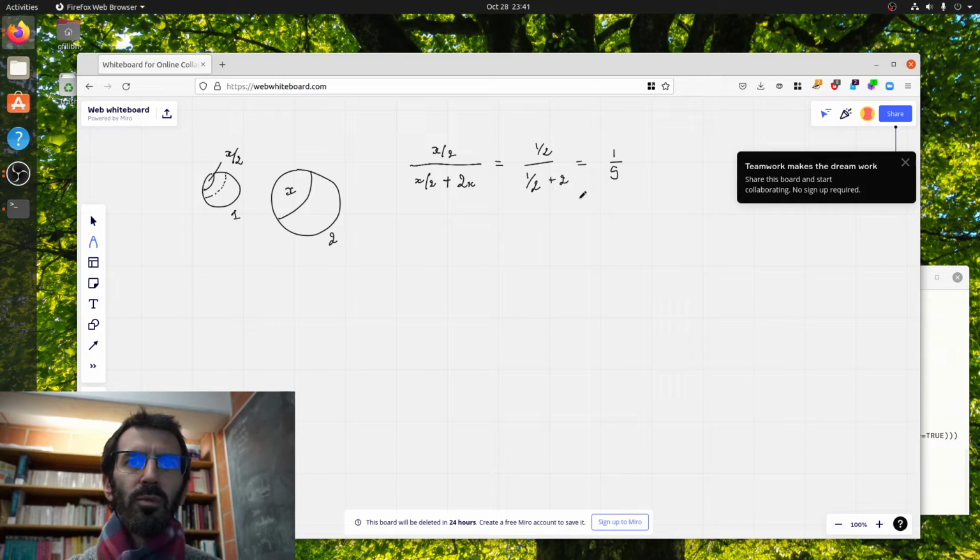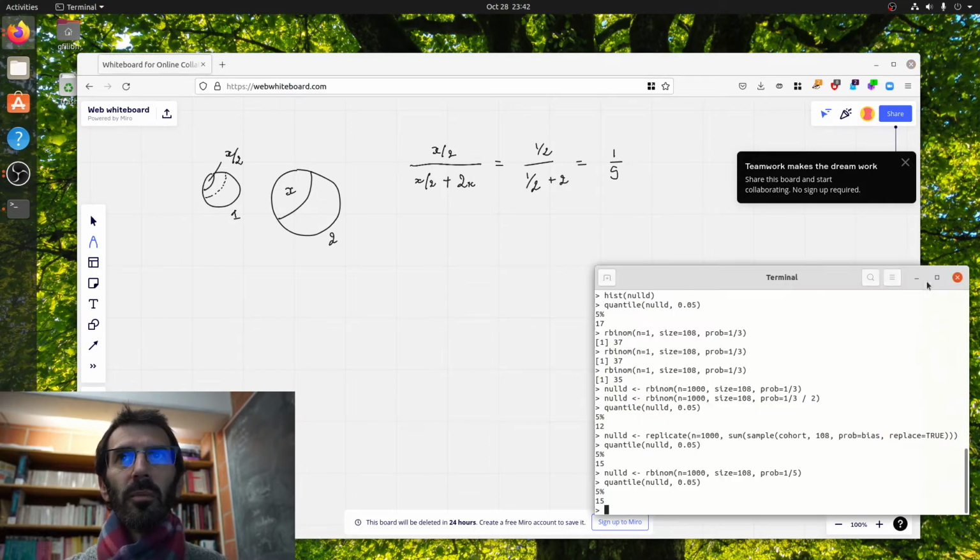So this is where this 1/5 is coming from: if you shrink the size of that population by a factor of 2, then the proportion of the people who get COVID-19 who have the vaccine, so that's the number of ones in your sample, is 1/5.